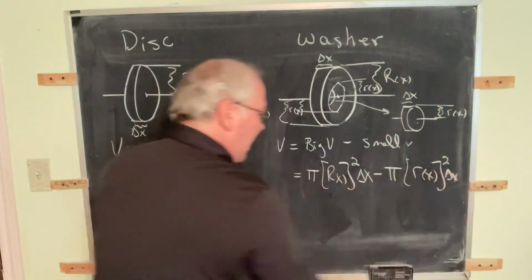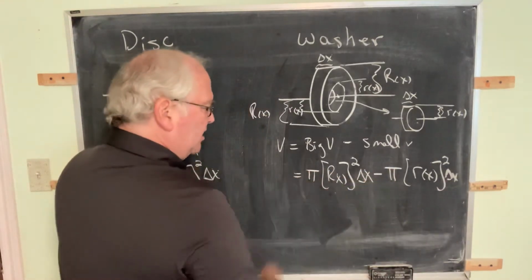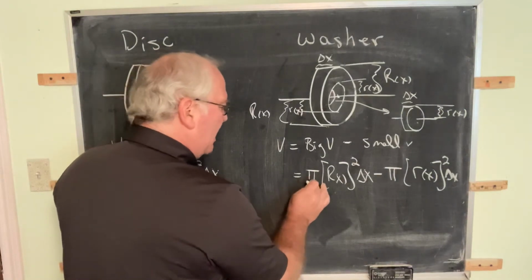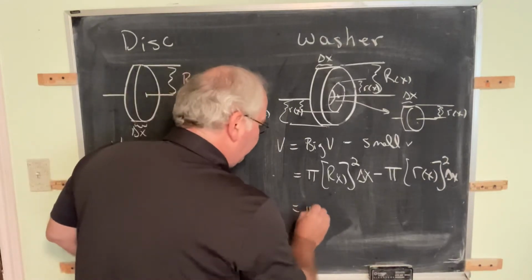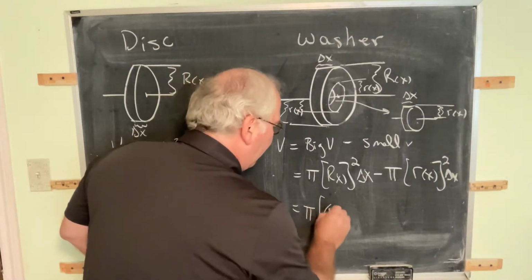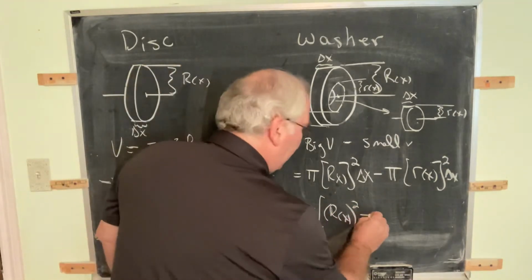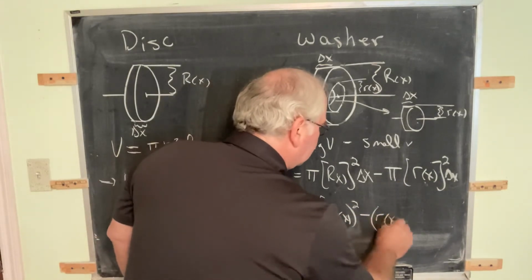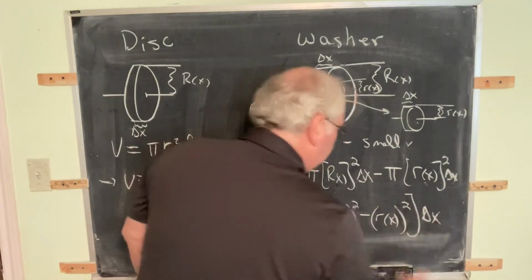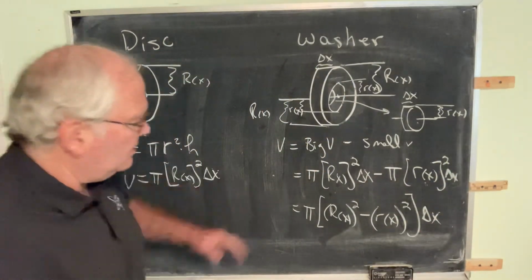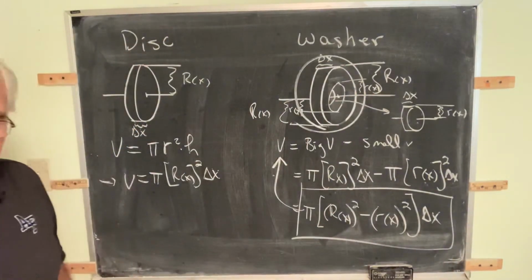And we can rewrite that because I'm going to factor out the pi to the front and factor out delta x to the back, to the right-hand side. And so we can write this as pi times large radius quantity squared, minus small radius quantity squared, times delta x. And so this expression gives us the volume of that washer.